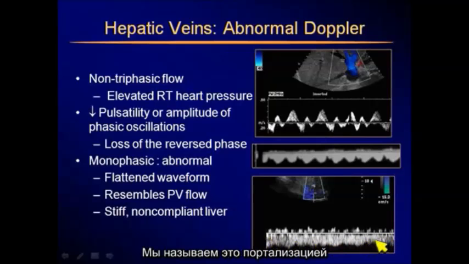We call this portalization of hepatic venous flow. So it should be a nice pulsatile pattern, and all of a sudden now it's flat. It's because the liver is stiff, the liver is non-compliant, and does not allow this wave to be reflected.